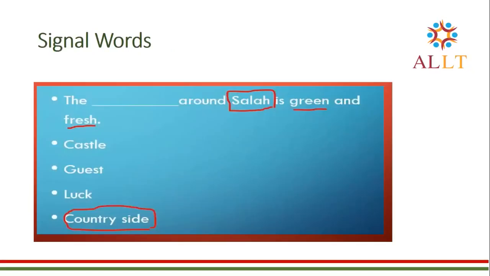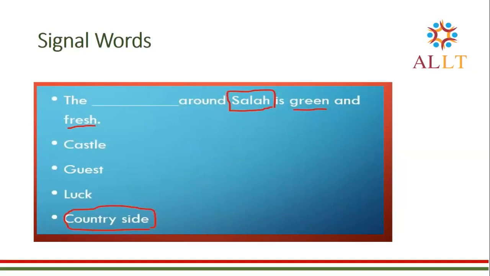A third thing that I focus on while teaching my students vocabulary online is to provide them with key markers, signal words, related words. For example, the word countryside. What will countryside in a context mostly come with?